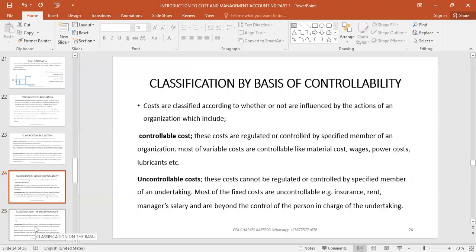Let me talk about another classification, by basis of controllability. This is mainly how costs can be controlled by the actions of the managers or by the actions of the management.